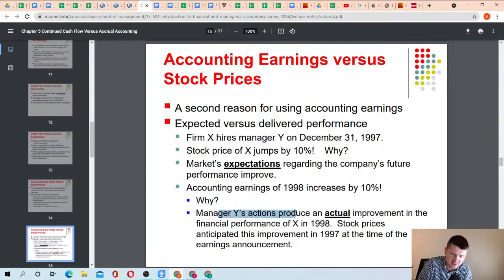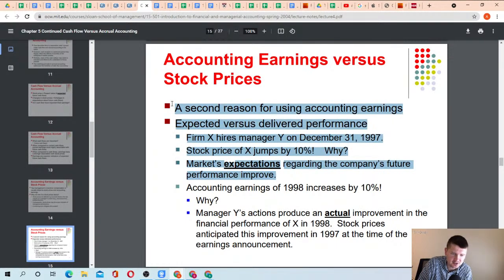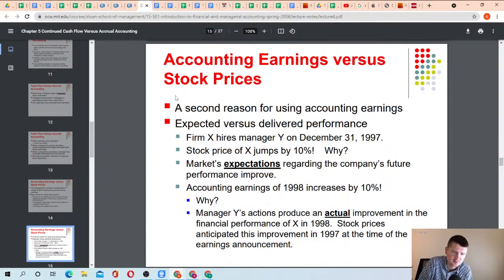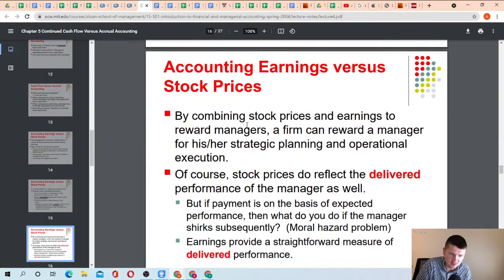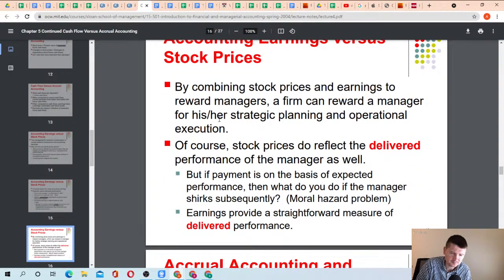When management takes actions like cutting expenses or introducing new products and generating more revenues and more profits, it's directly reflected in the financial statements, in the earnings, but it might not be reflected in the stock price, or something else might impact that stock price. Okay. Based on the accounting earnings and the stock price, a firm can reward a manager appropriately.